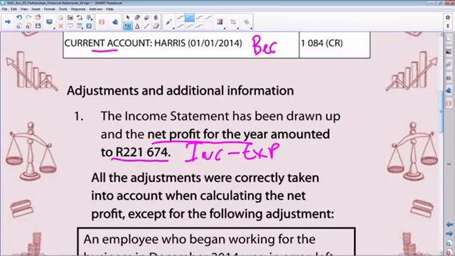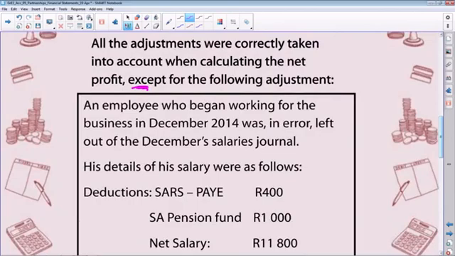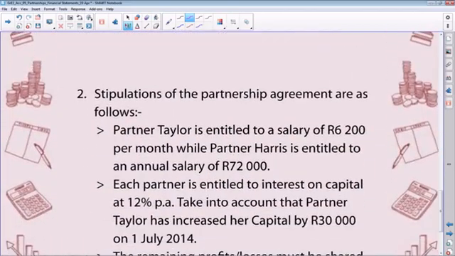All the adjustments were correctly taken into account when calculating the net profit, except for the following adjustment. So we'll obviously read this when we get to the question, but we've got one more adjustment to take into account. Right, the next bit of information, stipulations of the partnership agreement are as follows.